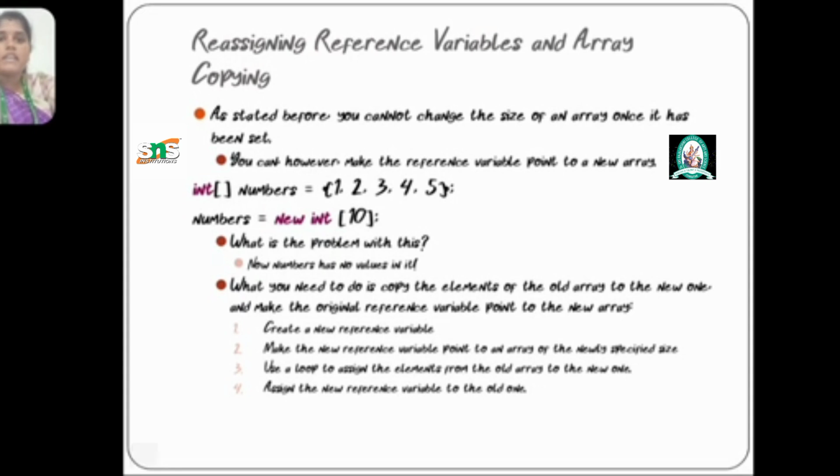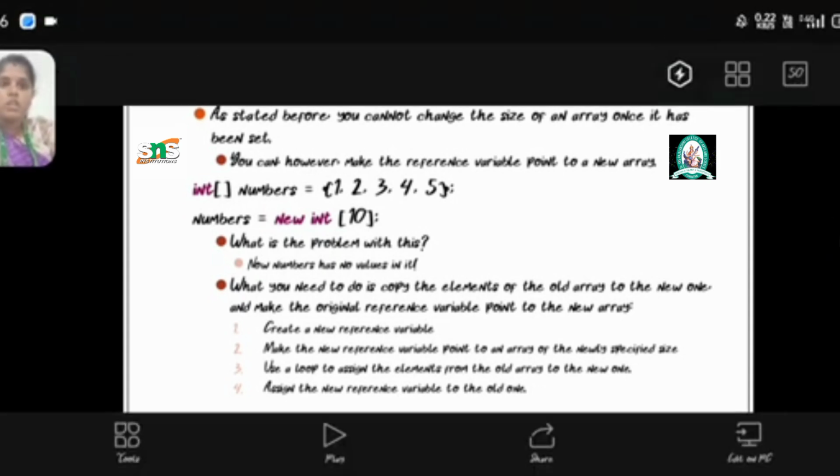Here we can also reassign the reference value. How are we going to reassign the value? In some cases we can mention the size of an element, and in some places the number of elements present is not known by the user.